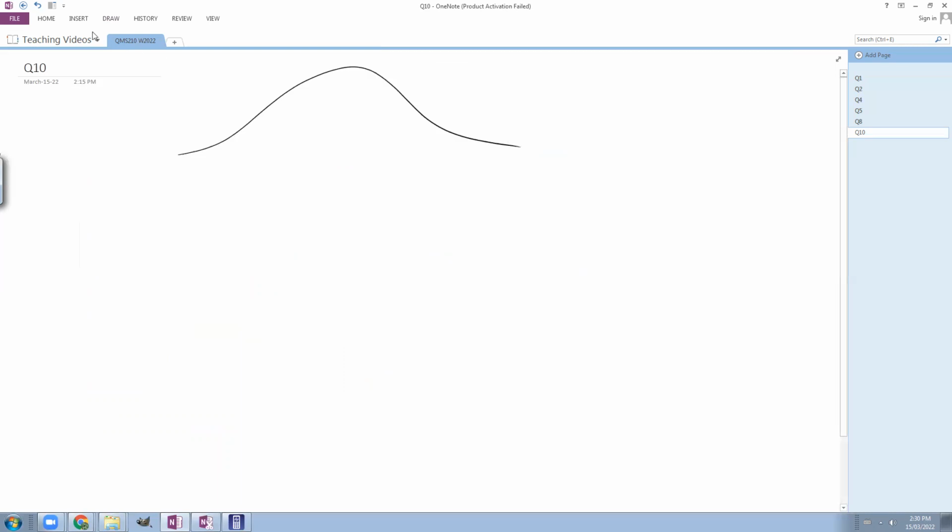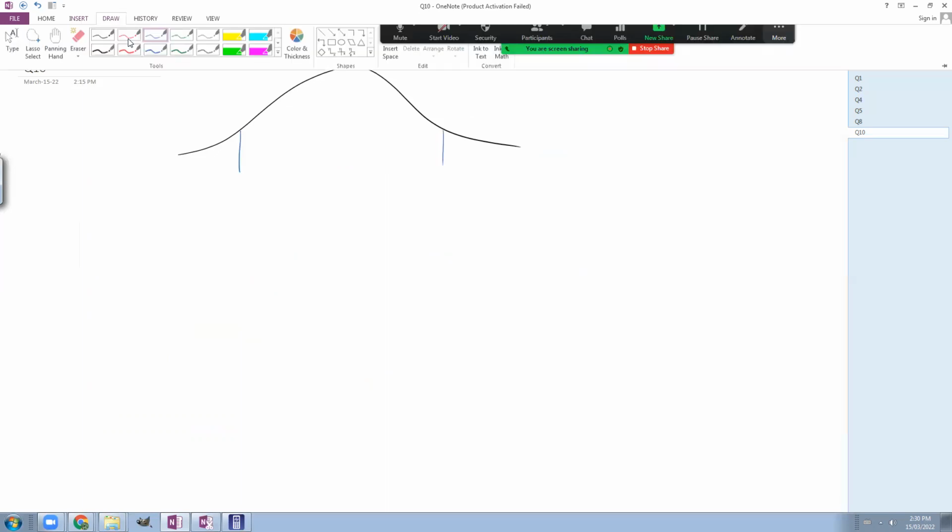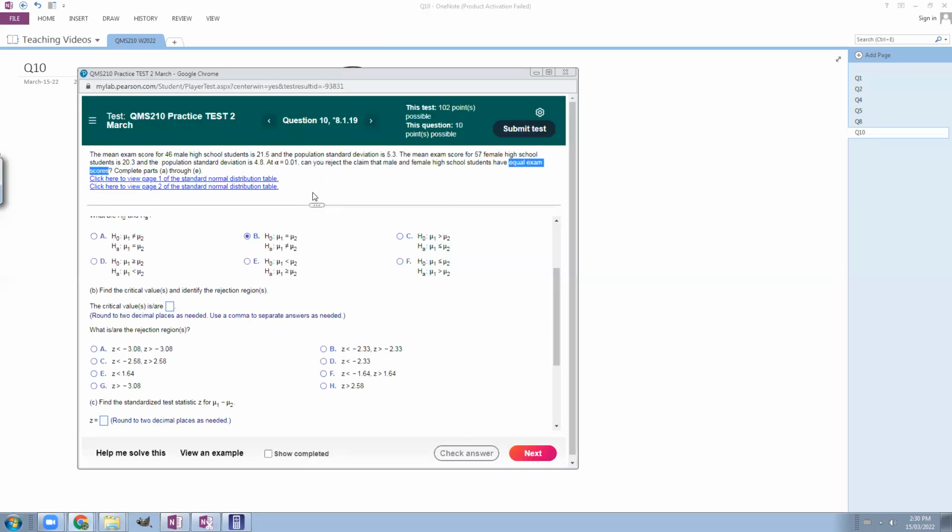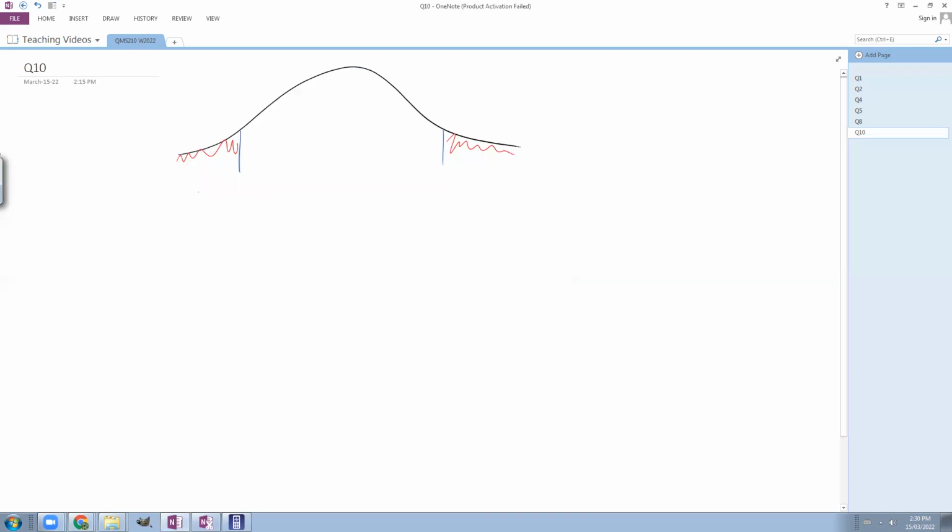We're going to have a rejection region on the bottom and on the top, an upper and a lower tail critical value. This is because we have equals versus not equals. That's a two-tailed test. So our critical values we're going to get from the calculator, and there's going to be two of them, the positive one and the negative one.